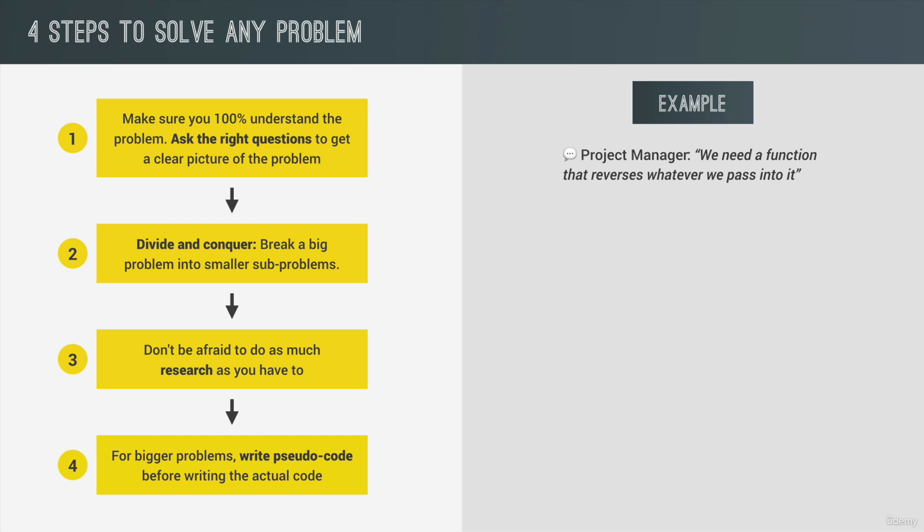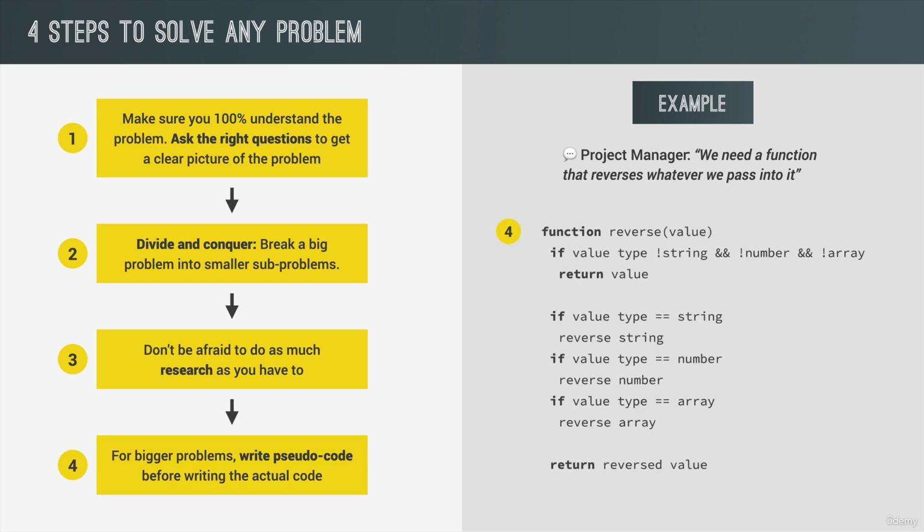For our example, the pseudocode might look something like this. So you see, we use some structures of a programming language, but this is clearly not JavaScript, right? And there are no real rules on how to write pseudocode either. You just write so that you understand it yourself or other people on your team.